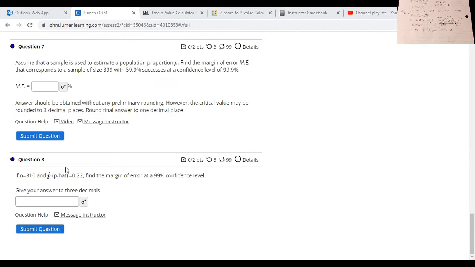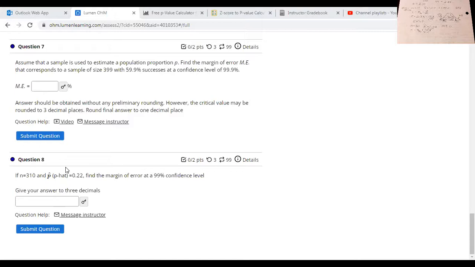Good. So because we are estimating a population proportion, we want to write the formula for the error. According to our notes in Unit 8, the error formula is z sub alpha over 2 multiplied by the square root of p hat times q hat divided by n. So there's our formula.